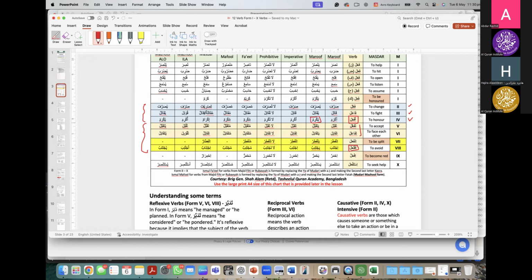The introduction part is done. Then it will come, and you will see why akrama is the only form for the verb, and in the mudari the hamza will be taken off. But as a rule of Ghairu Sahih grammar, when you change it to another format, the hamza will come back. We'll show this later, inshallah.